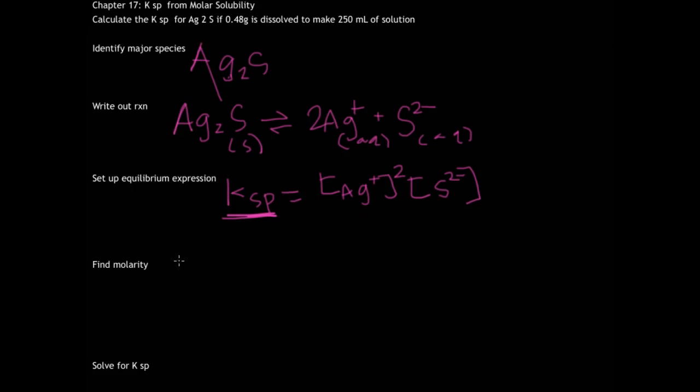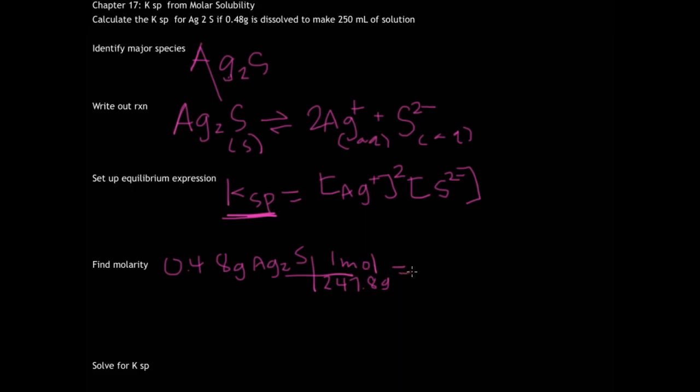We're going to find the molarity. So you're going to turn grams into moles using molar mass, and let me take a second to look that up. Okay, so it looks like it's 247.8 or something like that grams for every 1 mole.